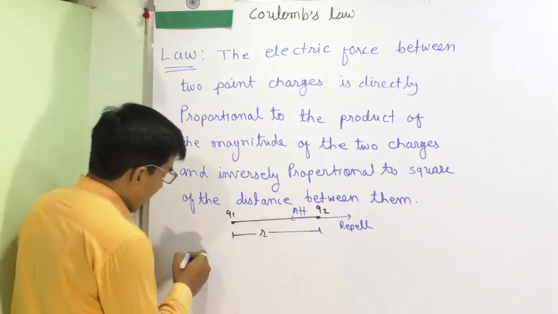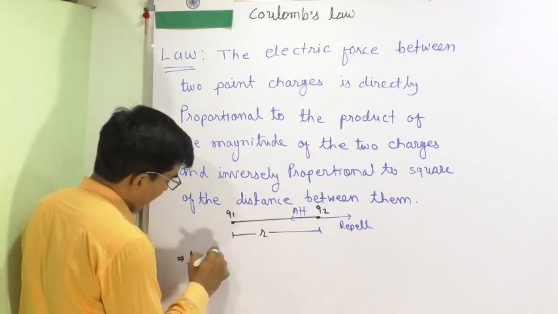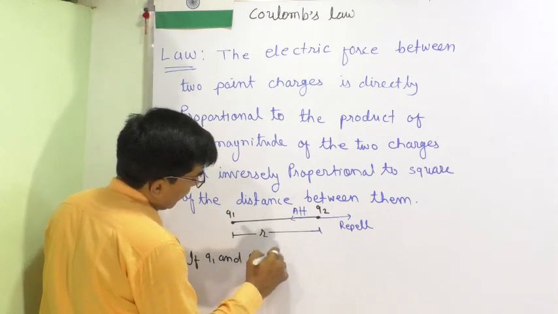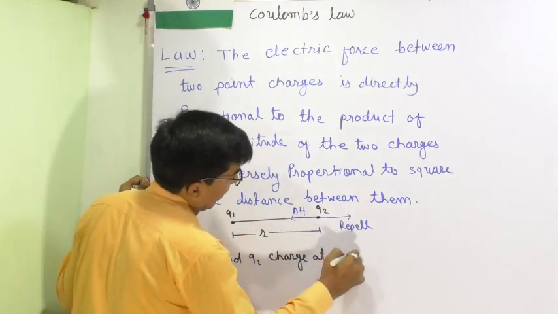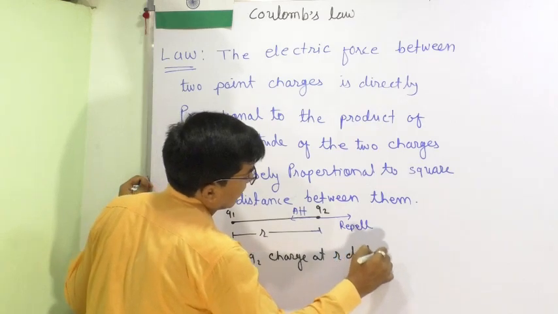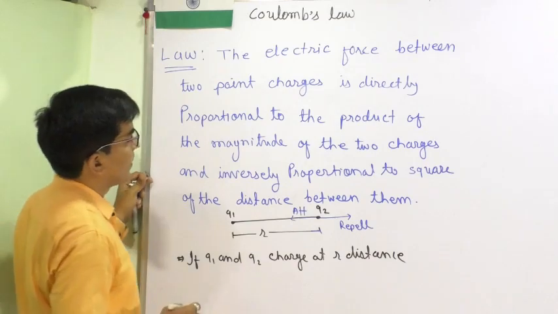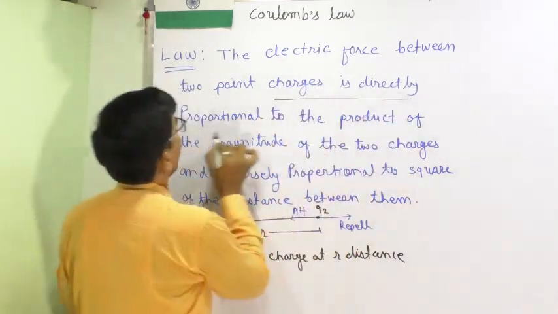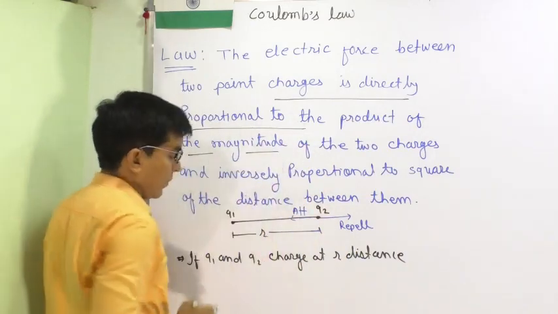So if Q1 and Q2 charges are at R distance, therefore what will happen? Force is directly proportional to the product of the magnitude of charges.